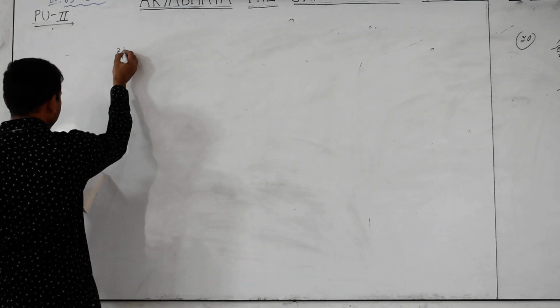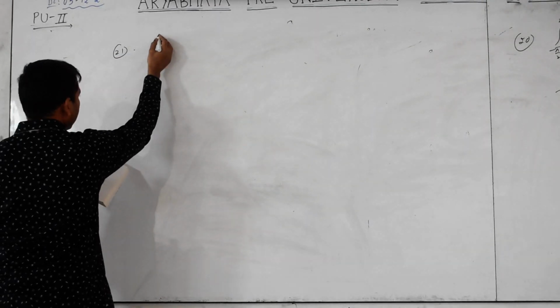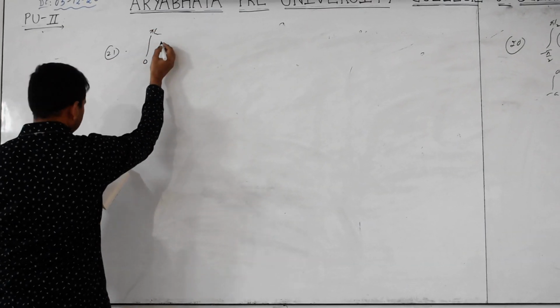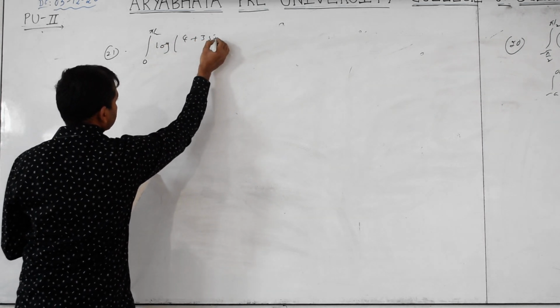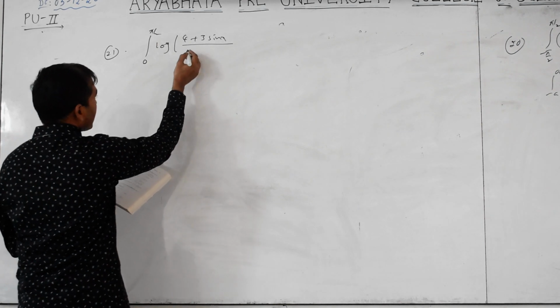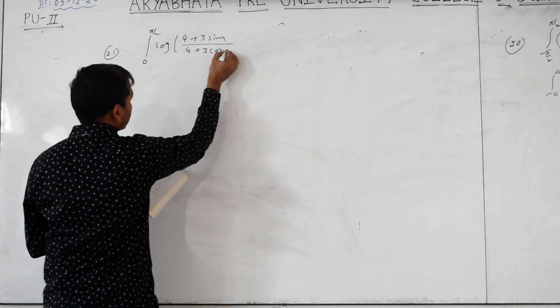Next, 21. The value of the integral from 0 to pi by 2 of log of (4 plus 3 sin x) by (4 plus 3 cos x) dx.